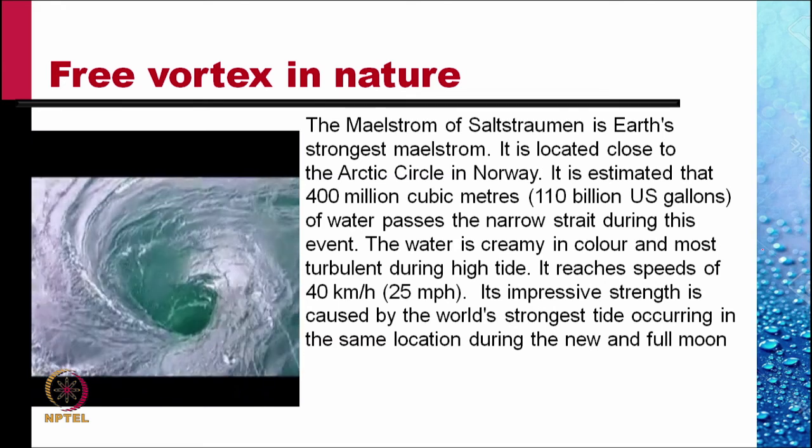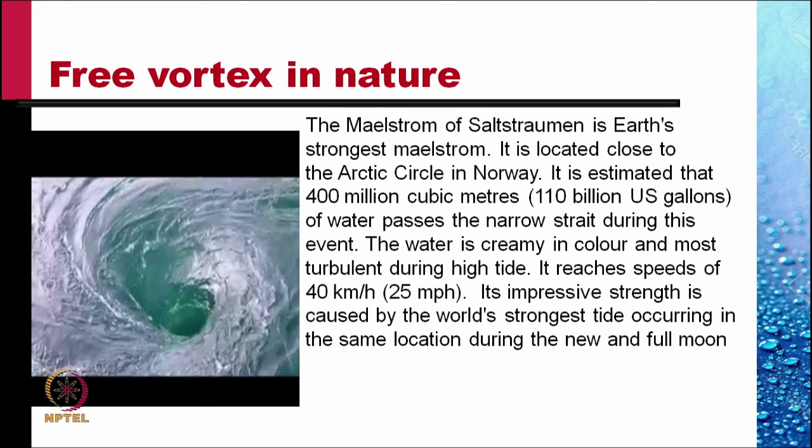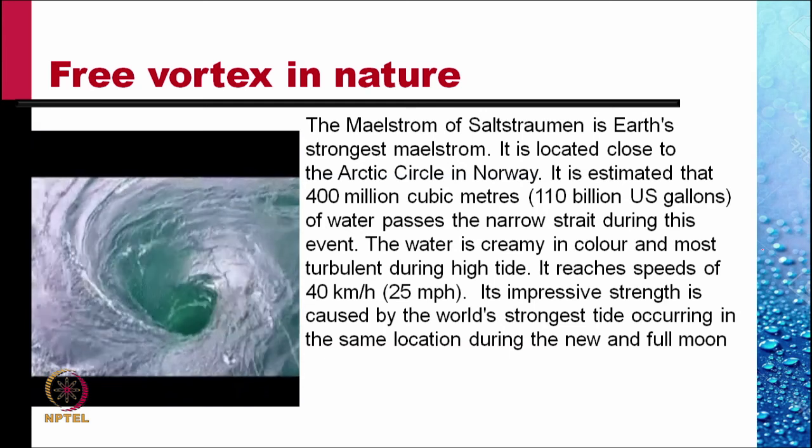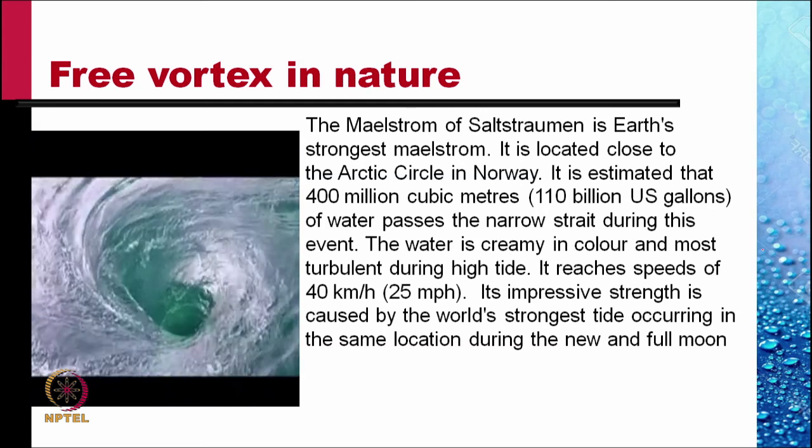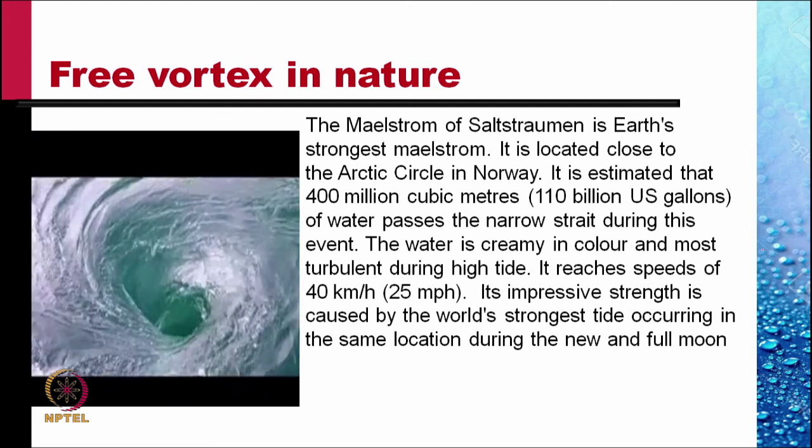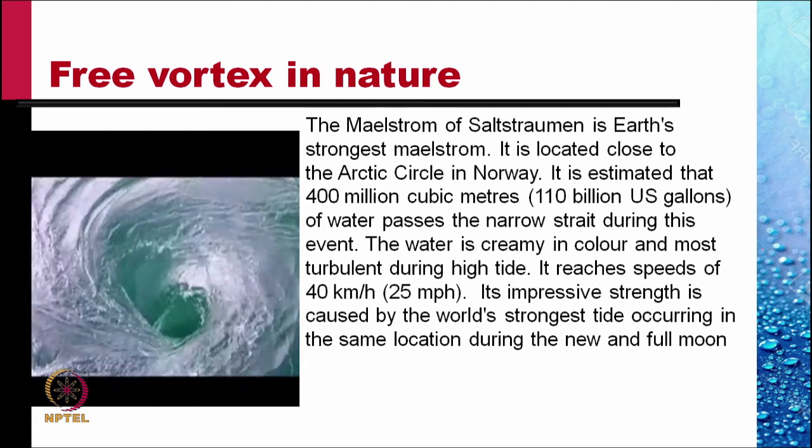It is estimated that 400 million cubic meters of water passes in a narrow strait during this event. This occurs regularly because of the lower pressure towards the center of this vortex. The water level decreases, so it produces a kind of hole.